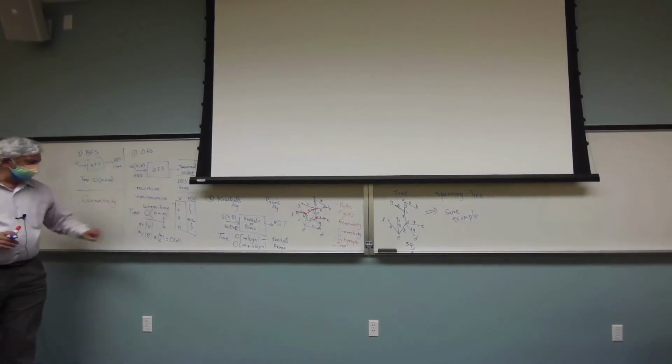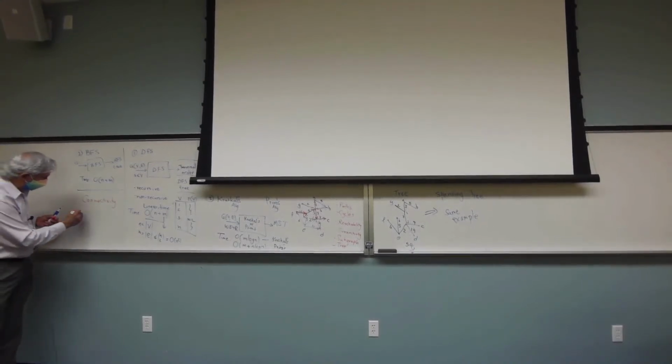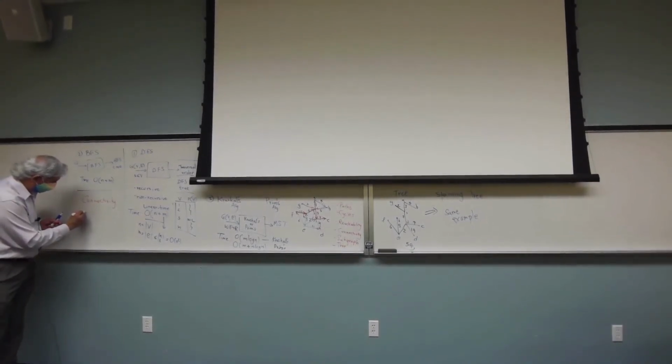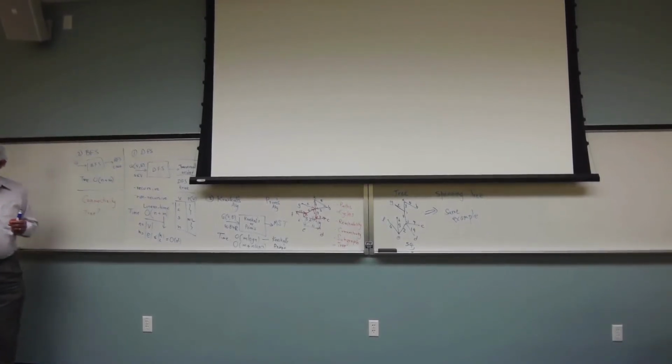You can also use depth first search or breadth first search to check whether a graph is a tree. So I'm going to call it "tree?" If I give you a graph and I ask you, is this graph a tree? Then how would you do that using depth first search?